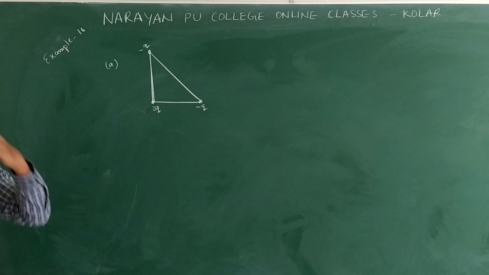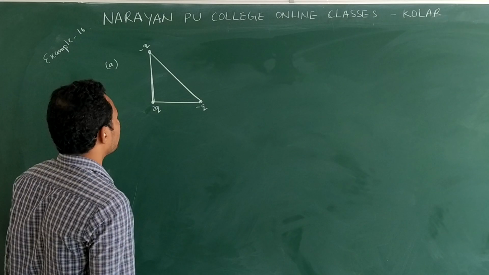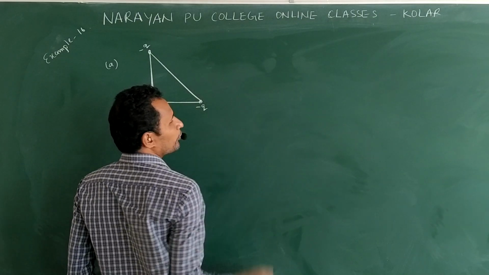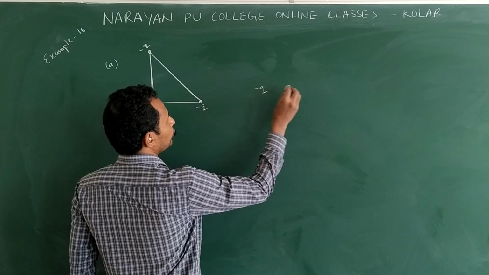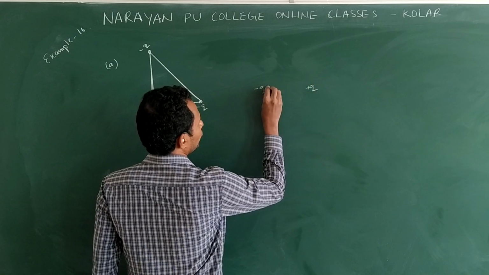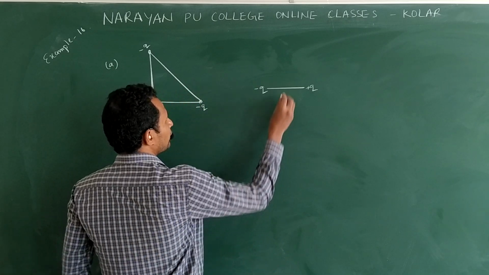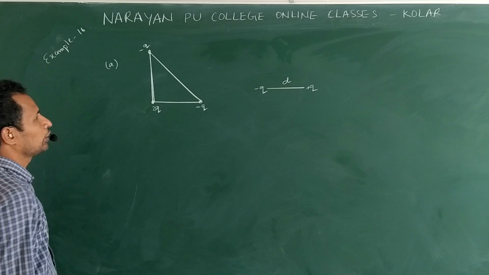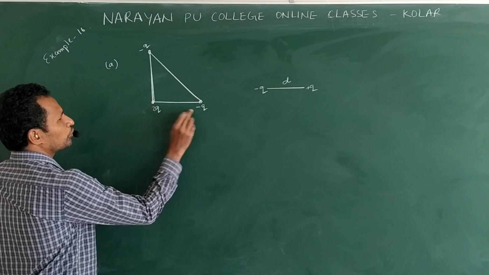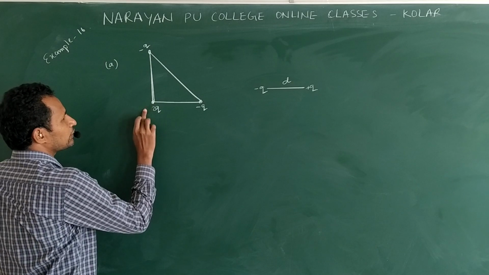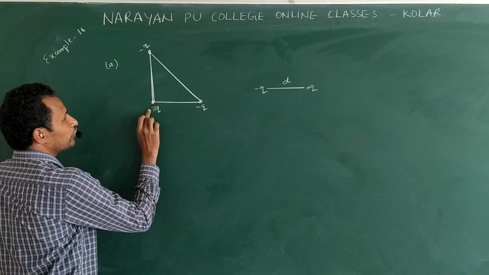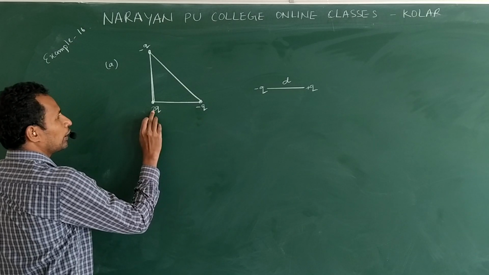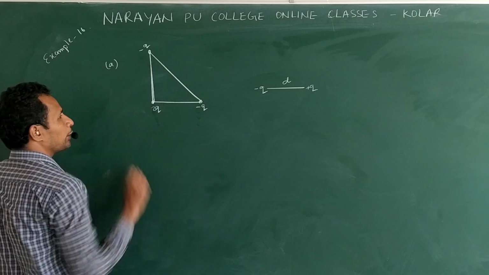Now they are asking for the dipole moment. So what does dipole mean? Two equal and opposite charges separated by a small distance, let us say −Q and +Q separated by a small distance. This is called a dipole. Now here the charges are 2Q, −Q, −Q. This magnitude is 2Q. Here, 1Q and this −Q act as one dipole. And here, 1Q and this −Q act as another dipole.